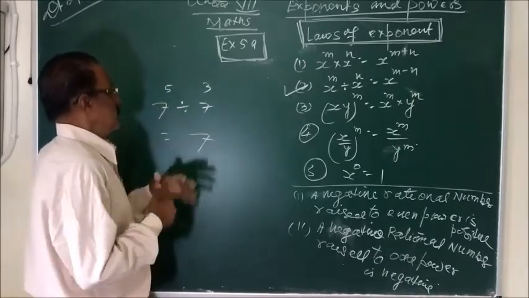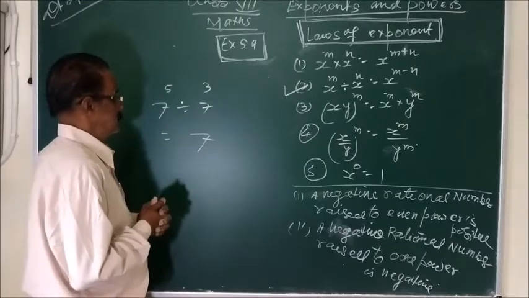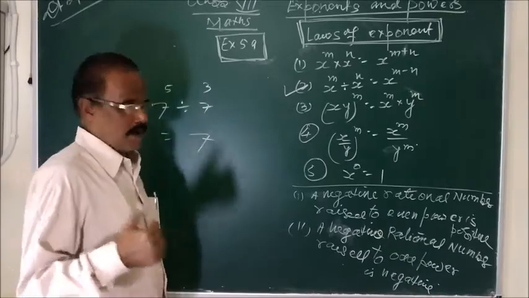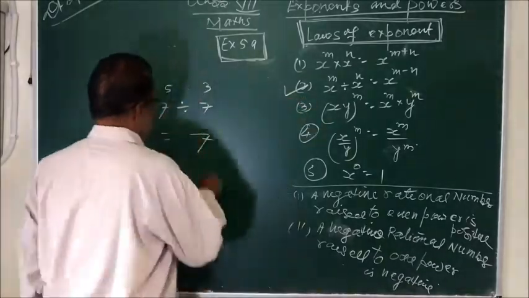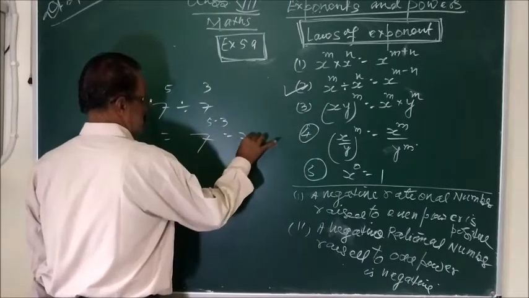Now you have to find the value. Bases are equal, and powers will be subtracted: x power m divide x power n is x power m minus n. So here it will be 7 power 5 minus 3, and this is 7 power 2.